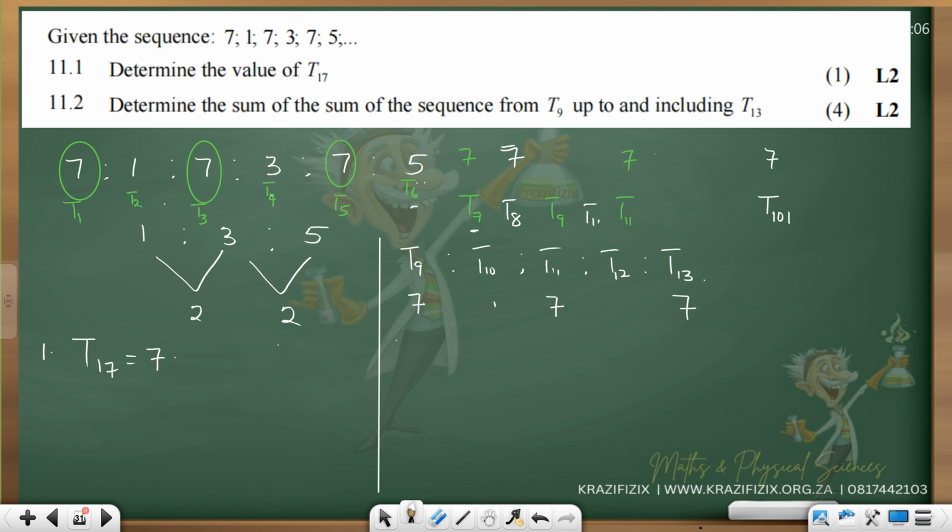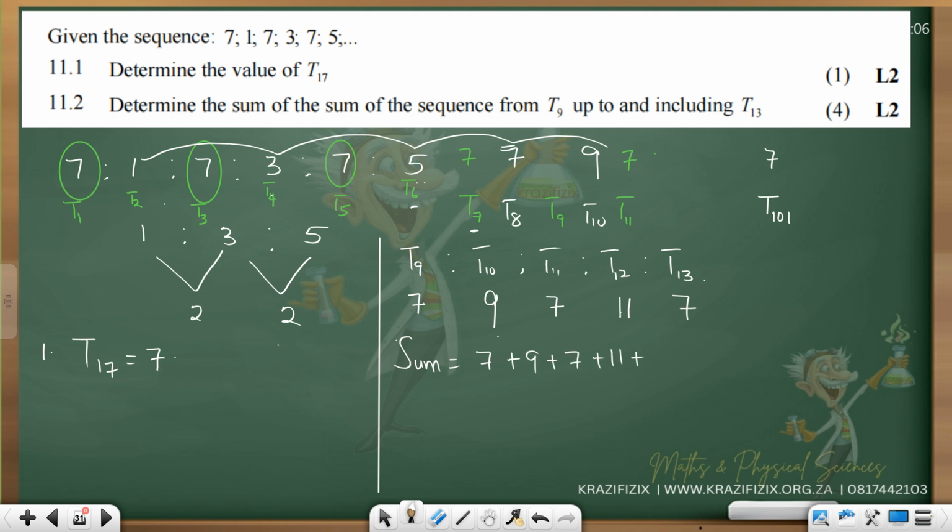All right. What is T10? I'm using my arithmetic now. 1, 3, 5, 7. What will this be? 9, and then the addition of 2. 9 plus 2 would give us what? 11.